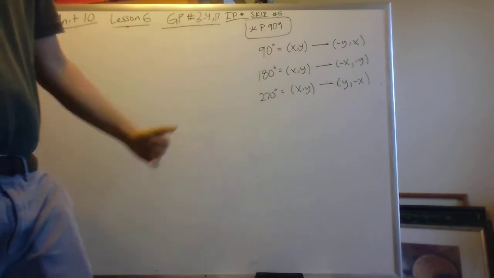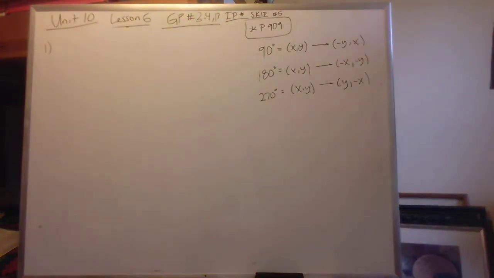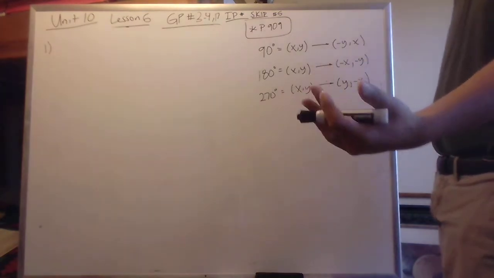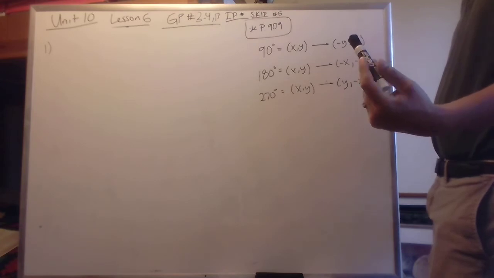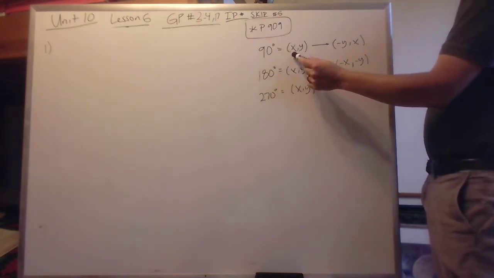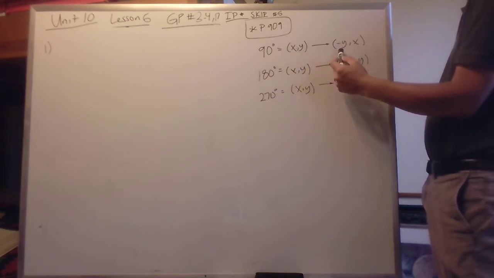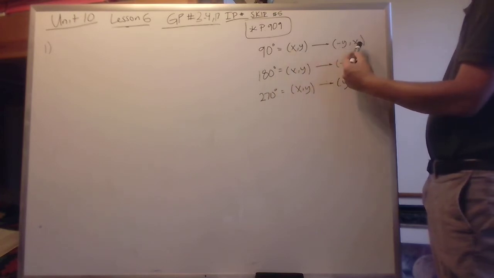It's very, very important. Basically, we're dealing with what's known as rotations, where we take a shape like a quadrilateral, a triangle, whatever, and we rotate it around a point. So if we do a 90-degree rotation, our coordinate x, y is going to be changed into negative y, x. So if we had a point that was like 1 and 2, it would be changed into negative 2 and 1.